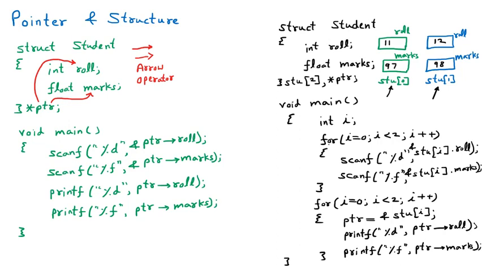We can use a direct pointer to the structure as we have seen in the first example, or we can use the pointer which is pointing to the array, where the array elements are of the student structure. So that is also possible. So in the first example a direct pointer is used, and in the second example we are using the array and the pointer with the help of the structure.